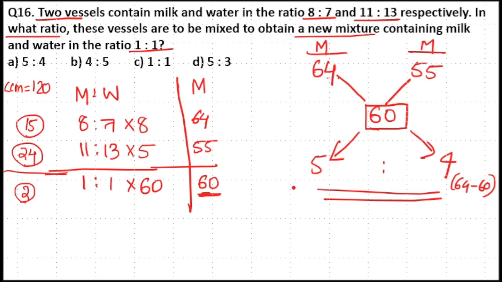Here 60 minus 55 is equal to 5. So 5:4, option A is your answer. So you have to mix these two vessels in 5:4 ratio in order to get 1:1 resultant mixture.